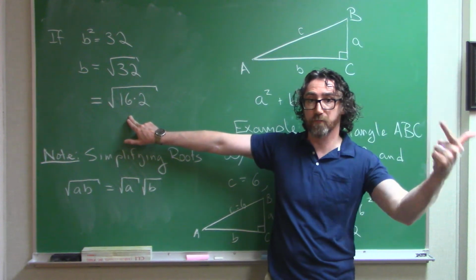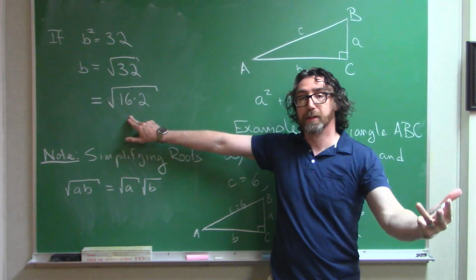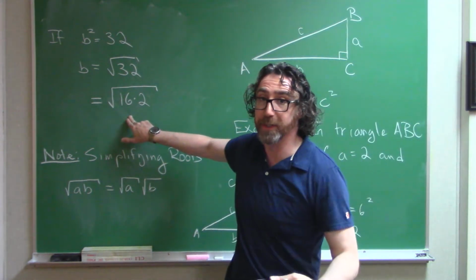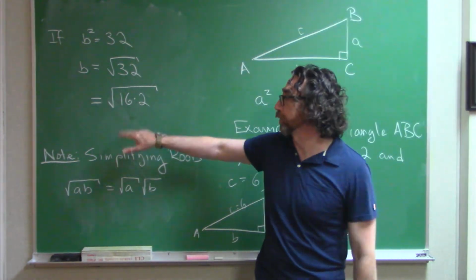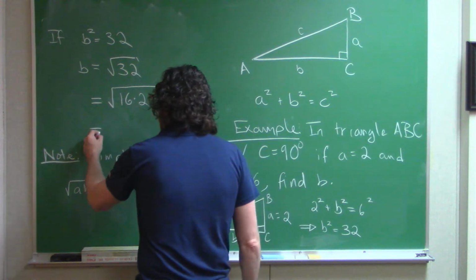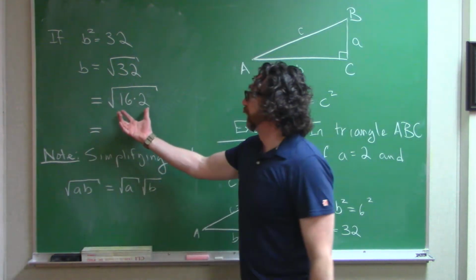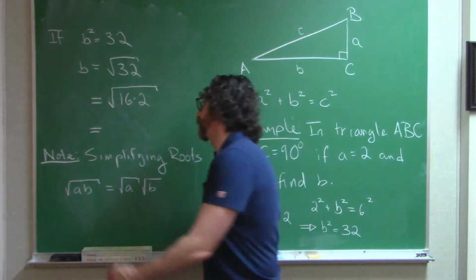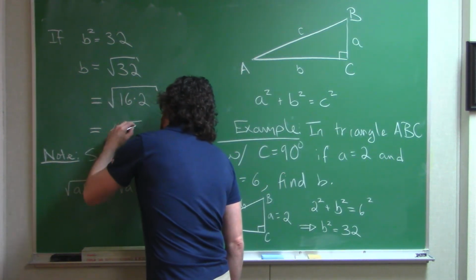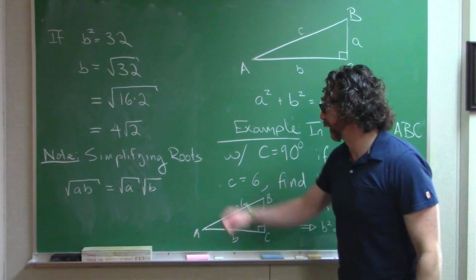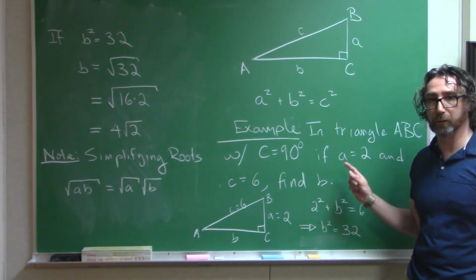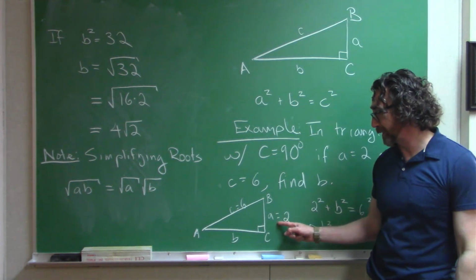So 1, 4, 9, 16, 25, 36, 49. Those are our squares. So this can be broken up. It's the square root of 16 times the square root of 2. So 4 radical 2.